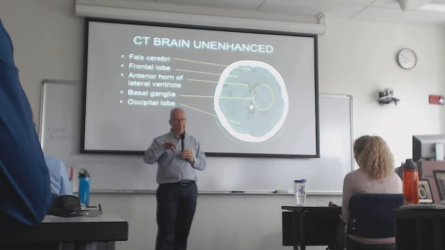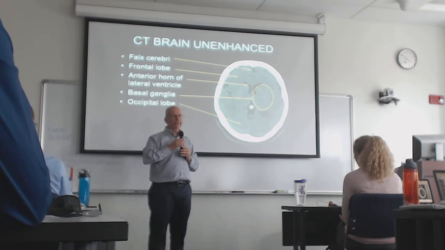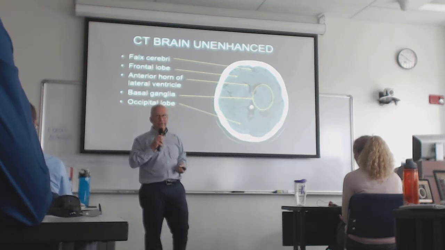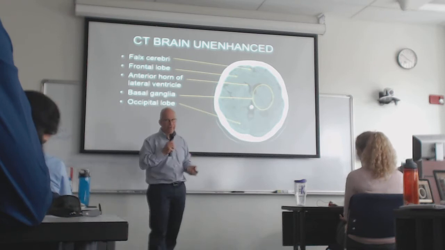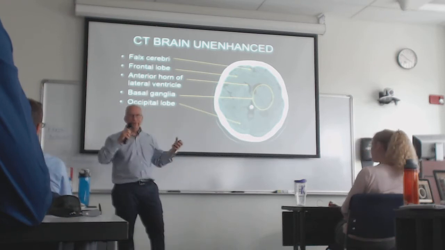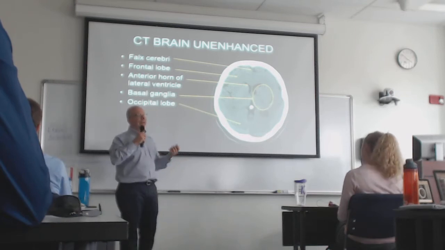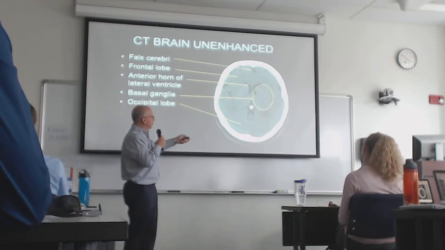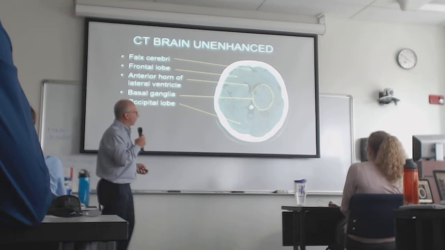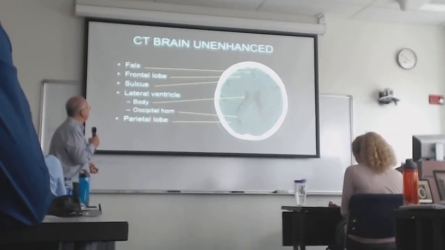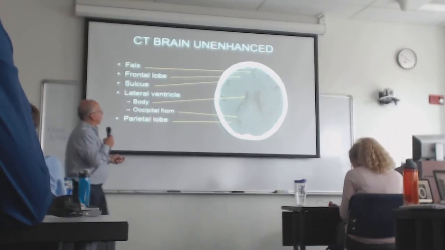Older patients tend to have lost significant brain mass just as a function of getting old. Their brain starts to shrink. It starts to look like a walnut. It's not particularly pretty, and you start to lose some of that fine anatomic detail.